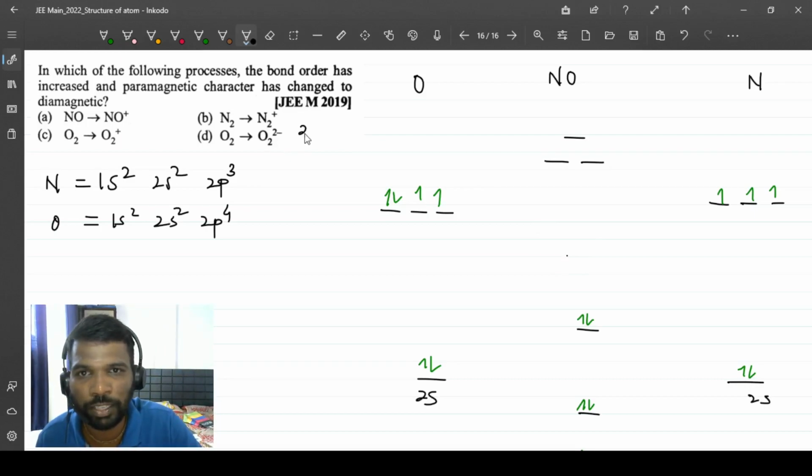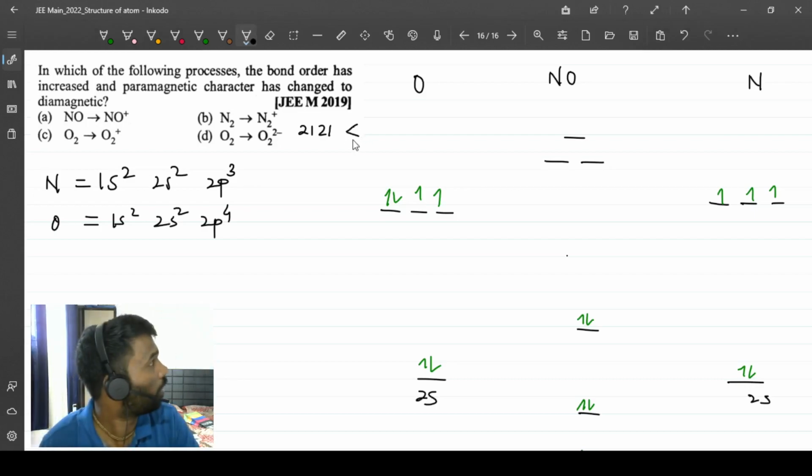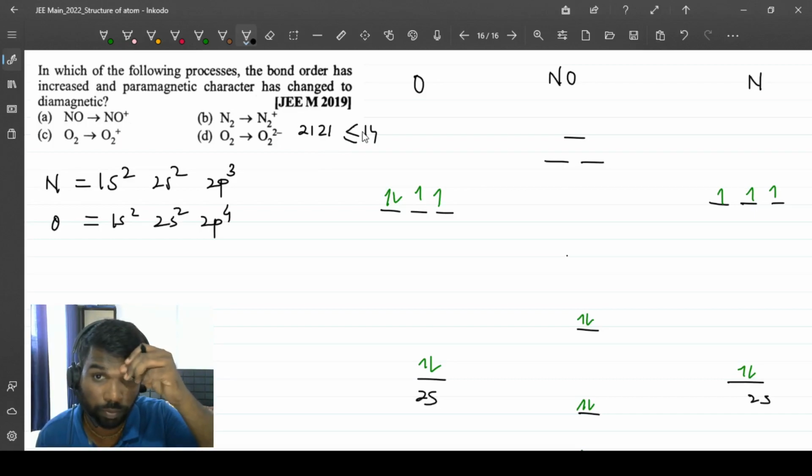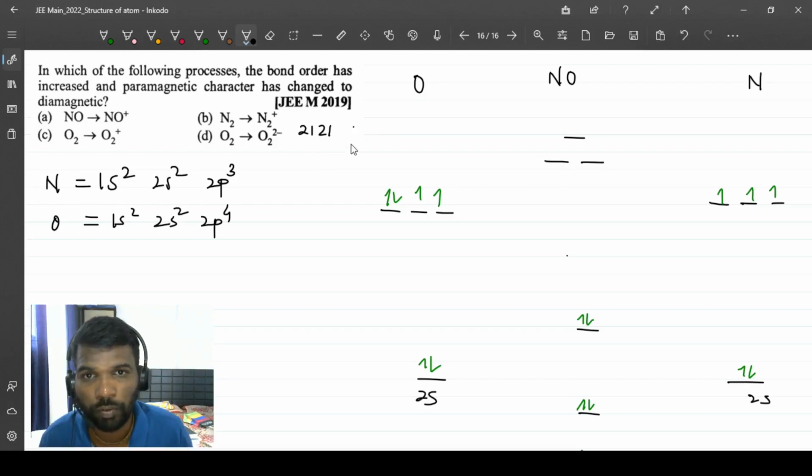If it is less than or equal to 14, then it is 2, 1, 2, 1.